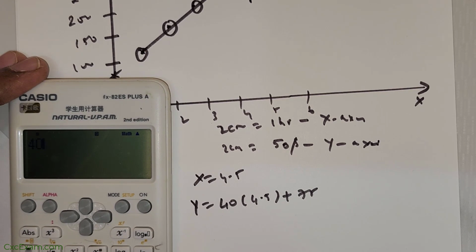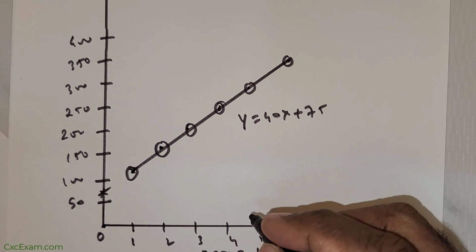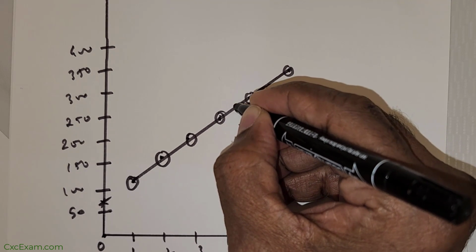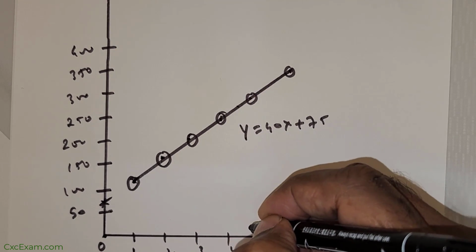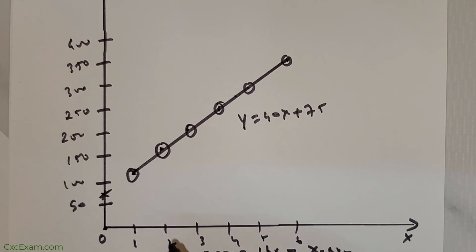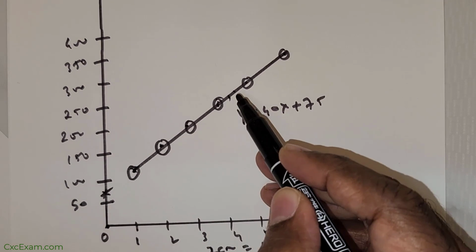So 40 multiplied by 4.5 plus 75, that's 255. So 4.5 is here, and 255 you have to plot somewhere over here.